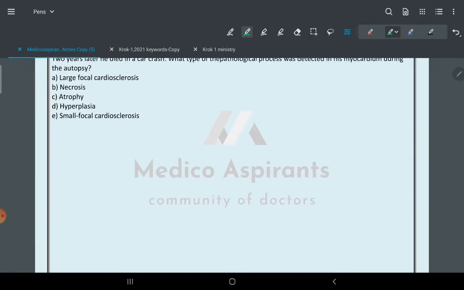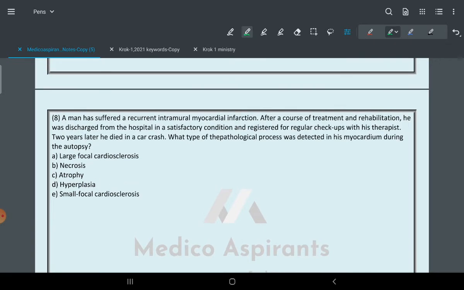Now let's go to the next question. This question says that a man has suffered recurrent intramural myocardial infarction. After a course of treatment and rehabilitation, he was discharged from the hospital in a satisfactory condition and registered for a regular checkup with his therapist. 2 years later, he died in a car accident.